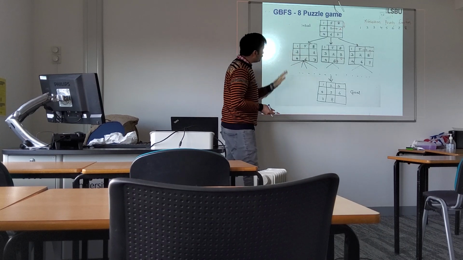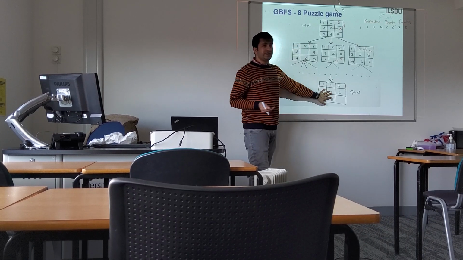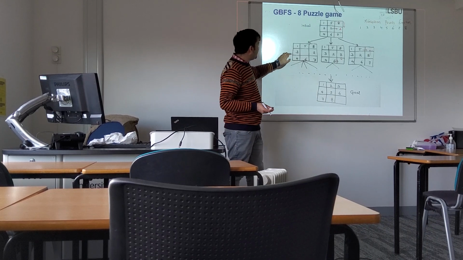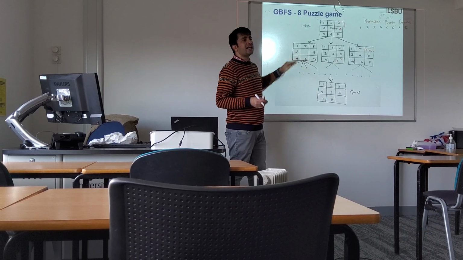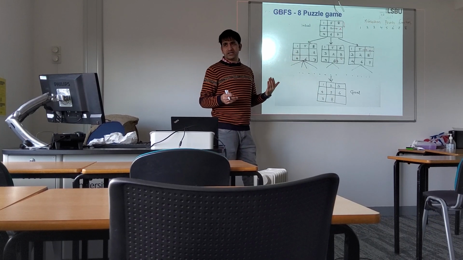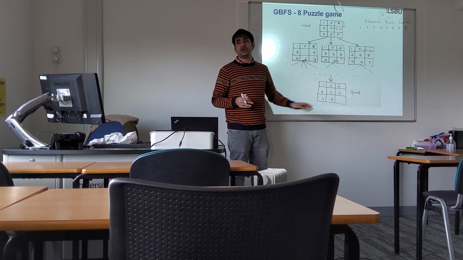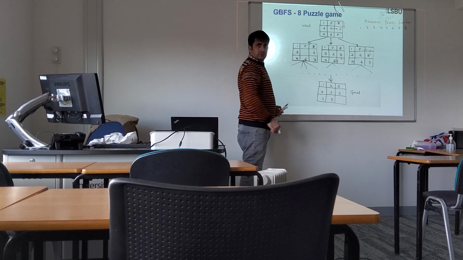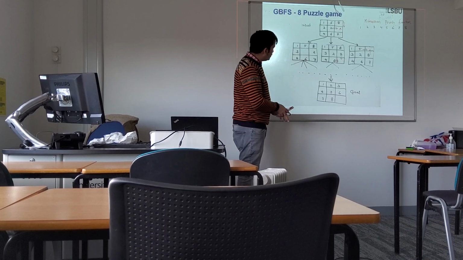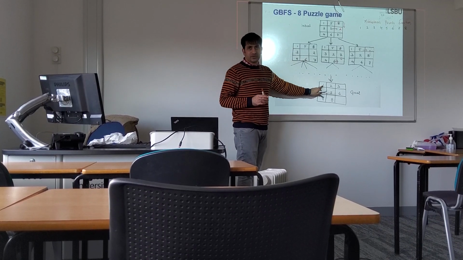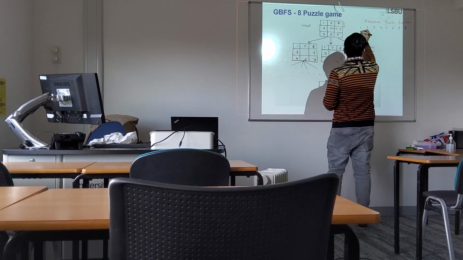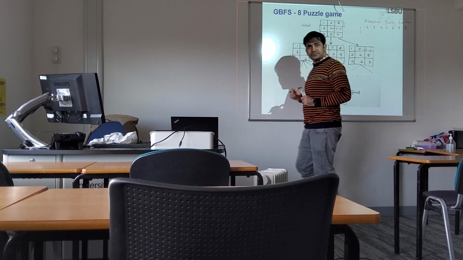We're going to compare this with the goal node, and we will see for each number how many moves I need to get the number to the same location as in the goal. If I look at 1, you can see that 1 is in the same location as in the goal. So for 1, I need 0 moves.